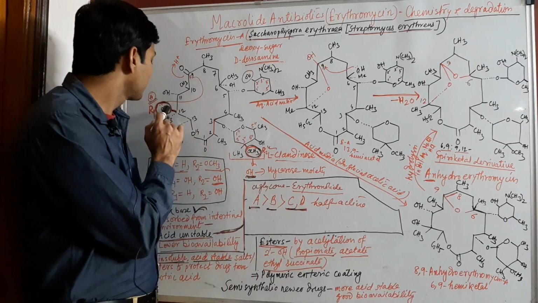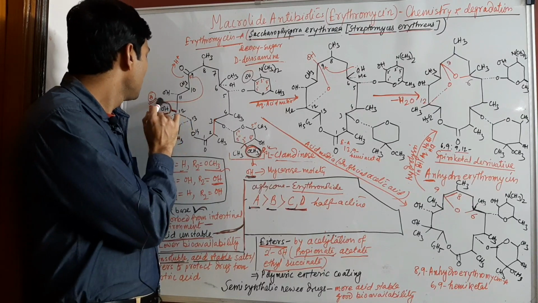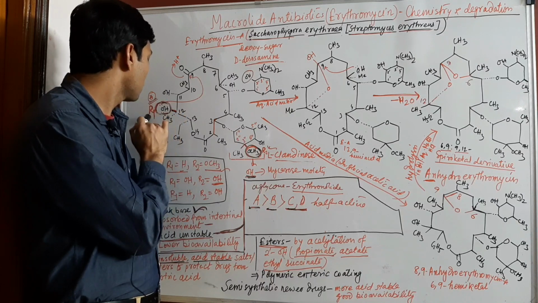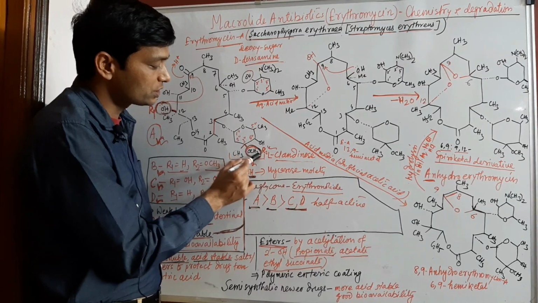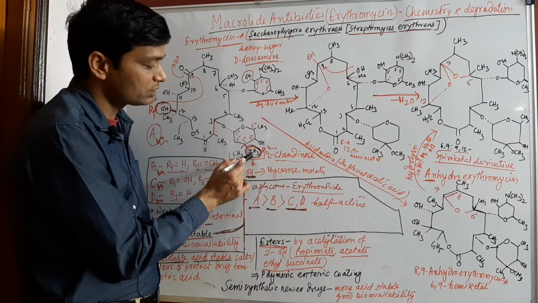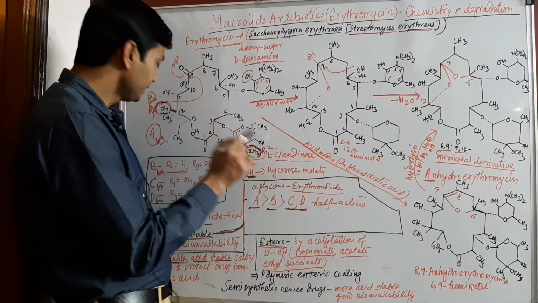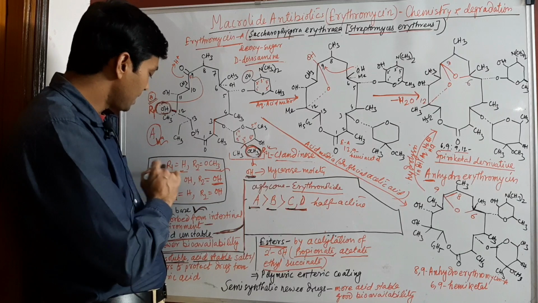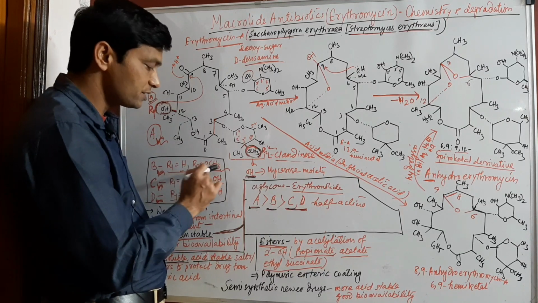Now, consider the C12 substituent, the hydroxyl substituent, as R1, and for L-cladinose, the 3'' methoxy substituent as R2. Then for erythromycin B, R1 is hydrogen and R2 is methoxy.